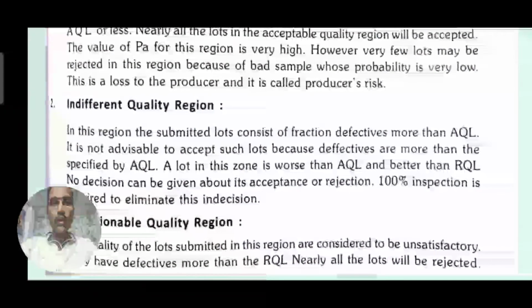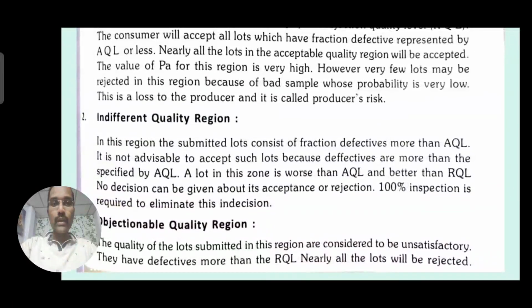So it is not advisable to accept such lots, because defectives are more than the specified acceptable quality level. So a lot in this zone is worse than the acceptable quality level.